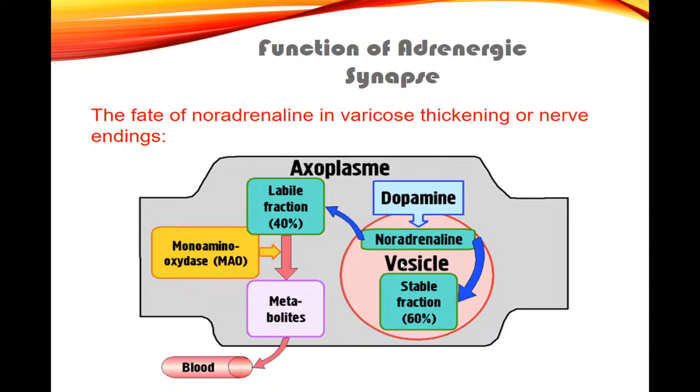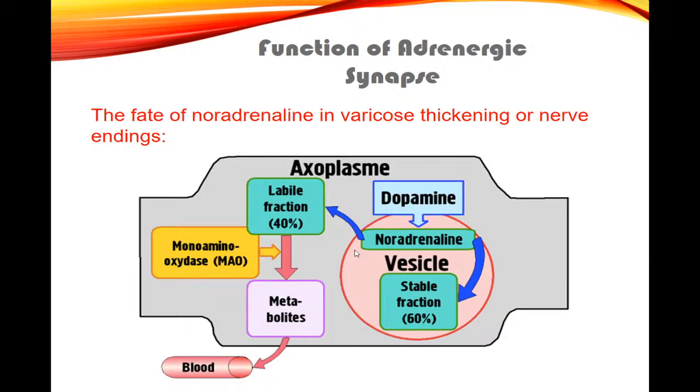So, first reactions of synthesis take place in exoplasm. And only the last reaction, conversion of dopamine to noradrenaline, takes place in the vesicle. First, dopamine should penetrate into the vesicle, after that it's transformed into noradrenaline.